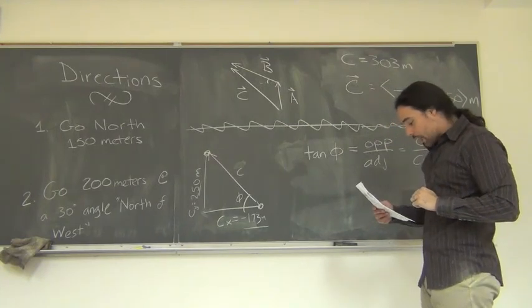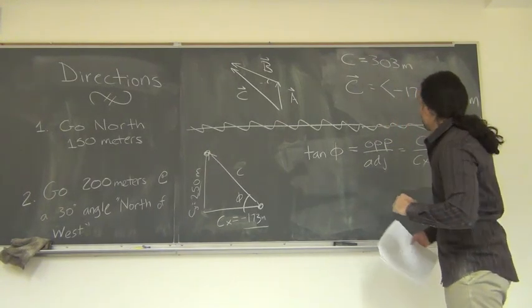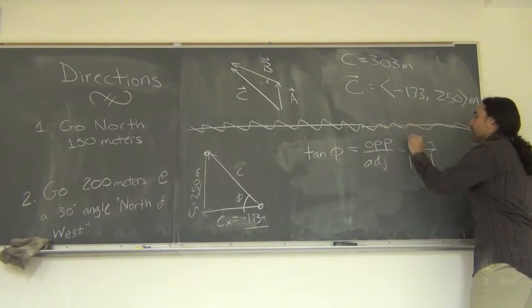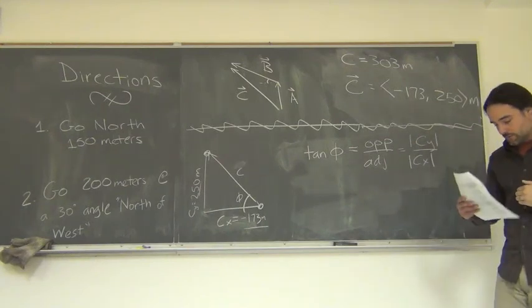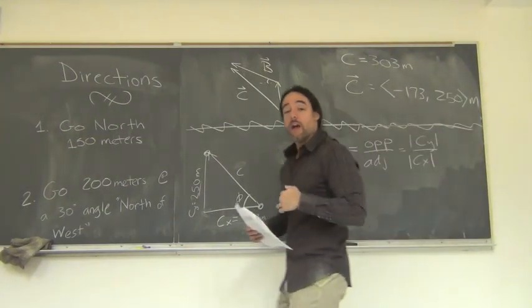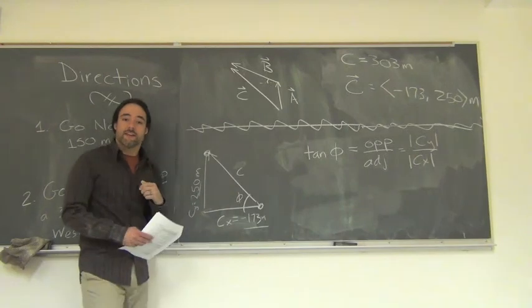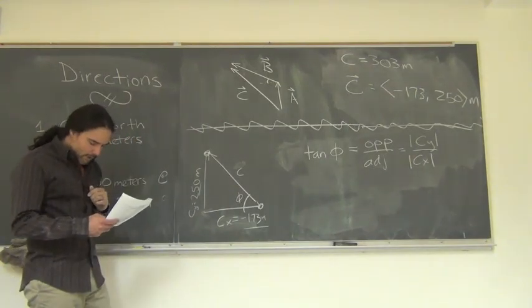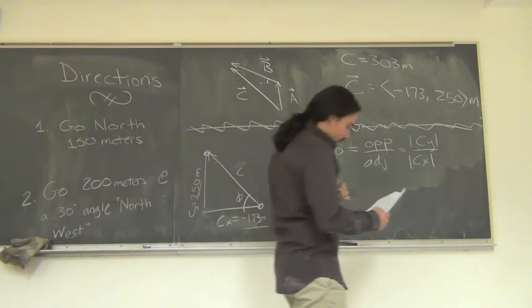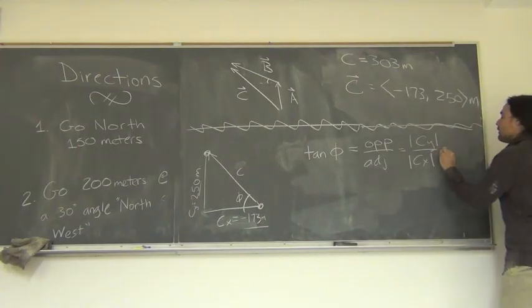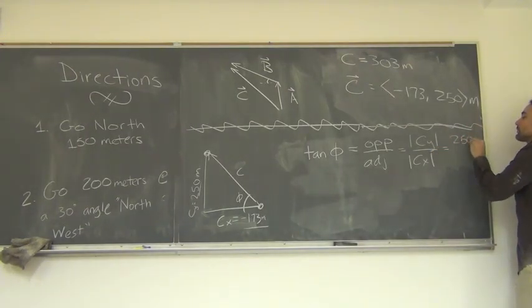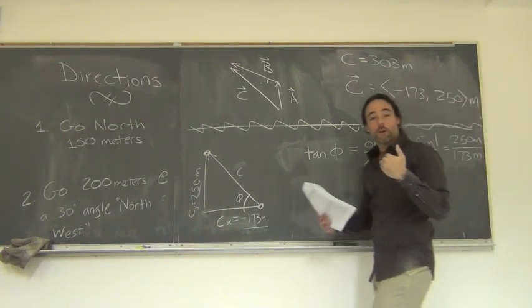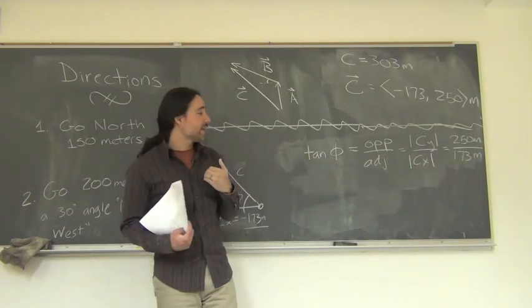I'm going to work with magnitudes here. So we'll say it's the magnitude of CY divided by the magnitude of CX, just to make our lives easier. Otherwise, I'd have to pay attention to that negative sign. So all I'm going to do is say that this is 250 meters divided by 173 meters. Again, to keep things simple, we're going to work with magnitudes, so we'll drop that negative sign.